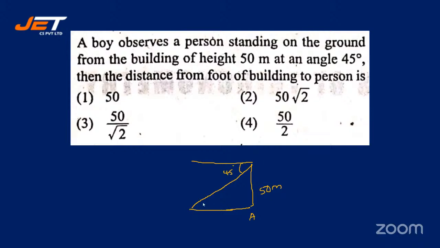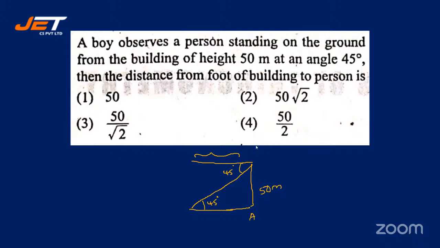So obviously, alternate angle is 45 degrees. Then the distance from the foot of the building to the person. So you can assume that the distance from the foot of the building to the person is x.